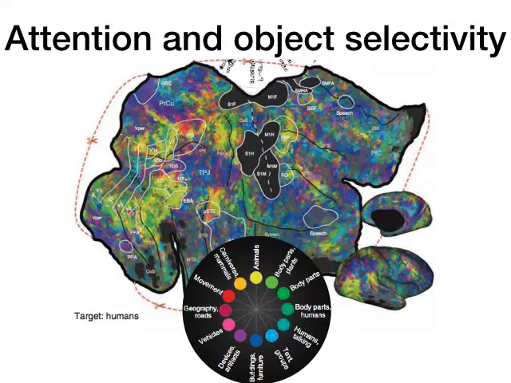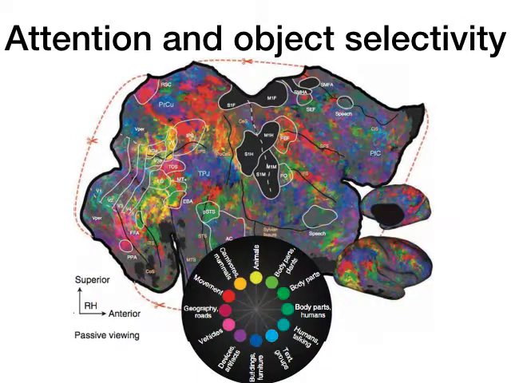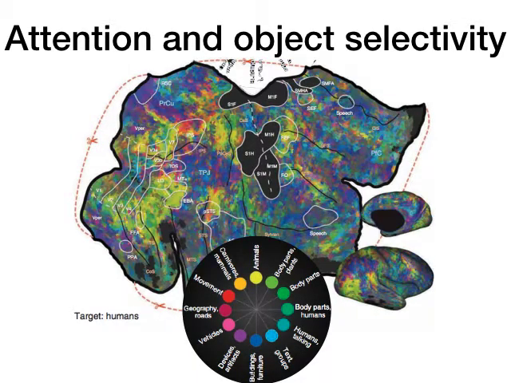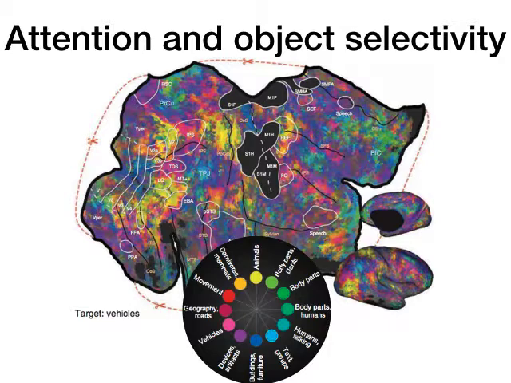But if you get people to press a button when they're seeing a human, so pay attention to humans, right, then you see all of these colours kind of shift towards the human end of this spectrum. Right? Similarly, if you get people to press a button whenever they see vehicles, so that's at this end of the spectrum, you go from these sort of yellow, green, blue colours to kind of more purple and red and yellow colours.